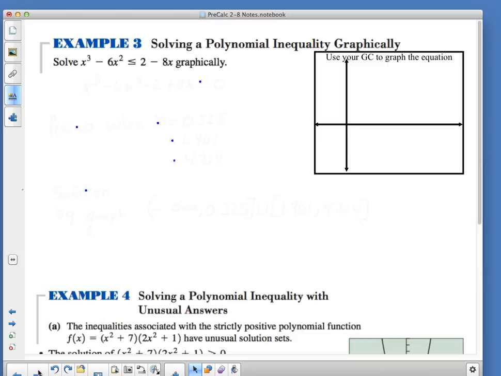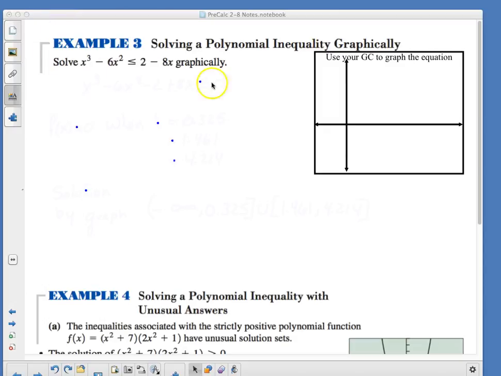Solving polynomial inequality graphically. Now this one's nice. I want to do this graphically. So pull out your graphing calculator and pop this graph in. See if I can get my graphing calculator up. Now it's important for me to make sure that you know how to use your technology, but this is a problem where I specifically ask you to use your technology.